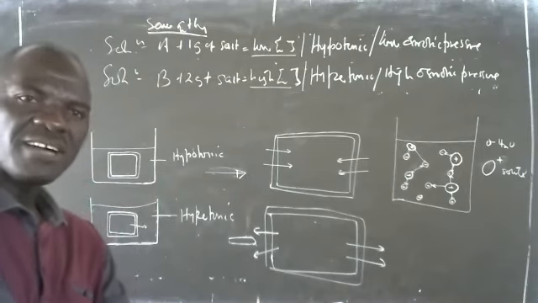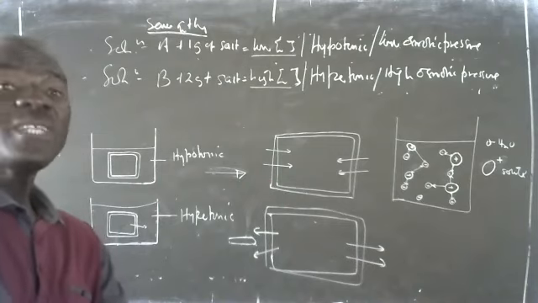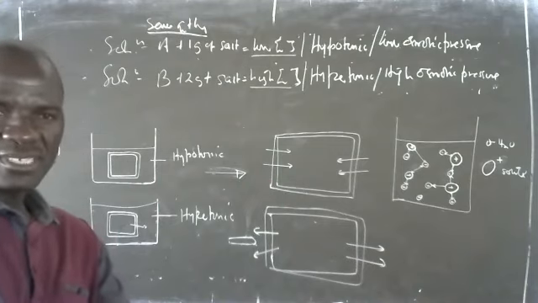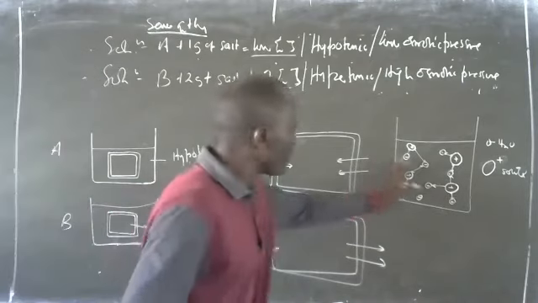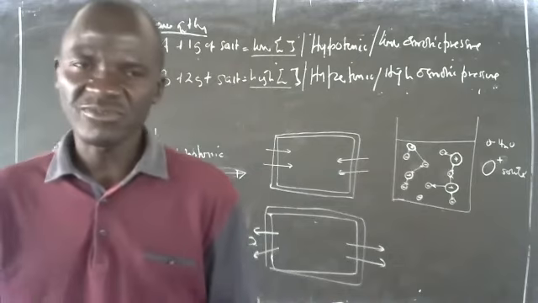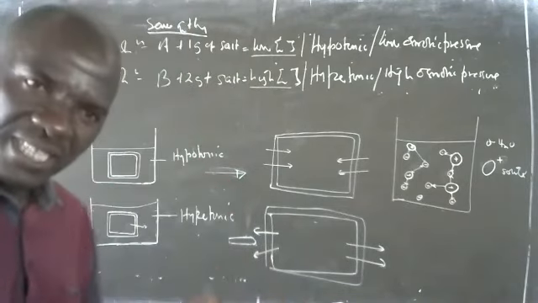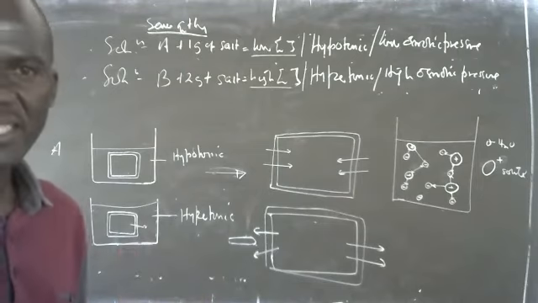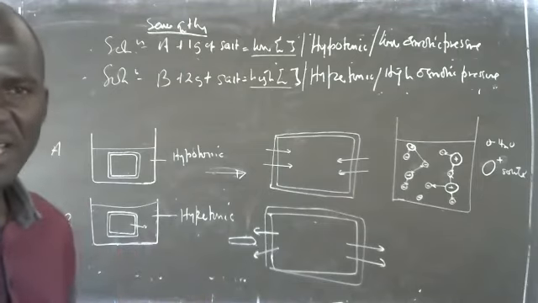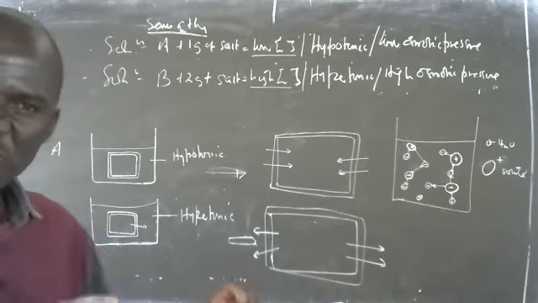Automatically, it's a bit hard to have all 100% water molecules bound. But then here, I would say almost all cannot move. So when I talk of water potential, I'm talking about the number of free water molecules.